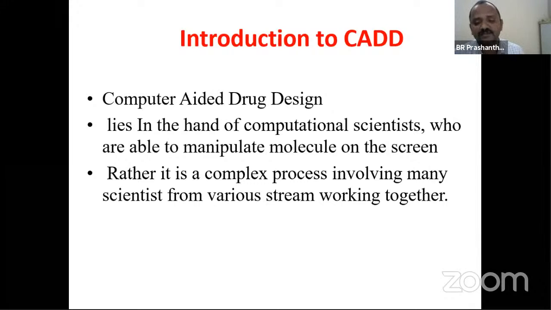Molecular biologists know about the molecular biology of the molecules. Next, in order to manipulate these molecules on the screen, we also use information technologies, the computers, the processing, and algorithm writing, so programming languages are taken into consideration. Next is mathematics also.